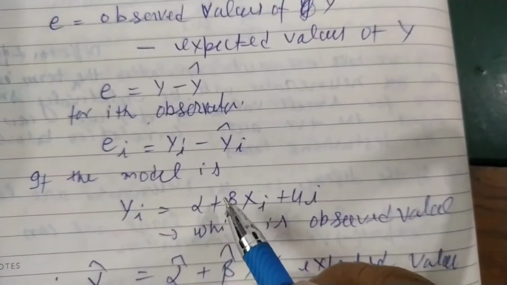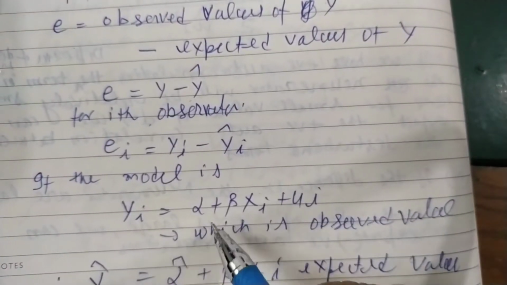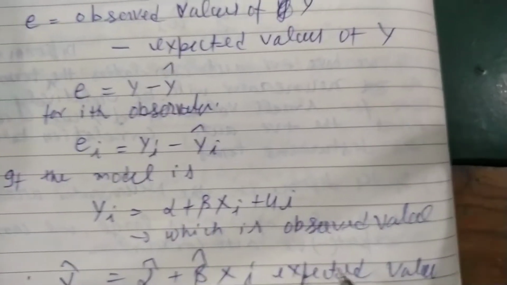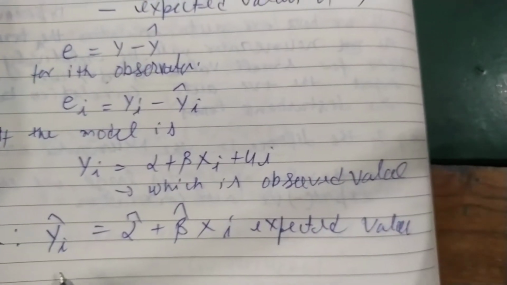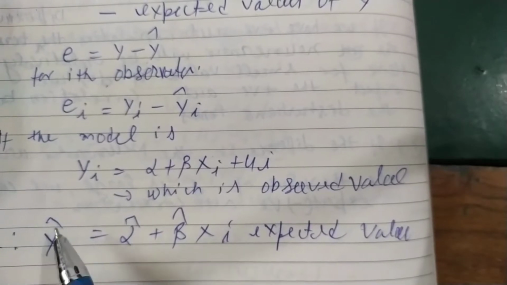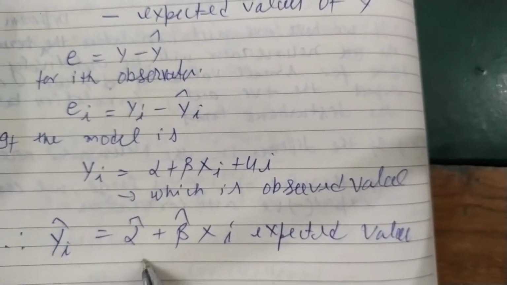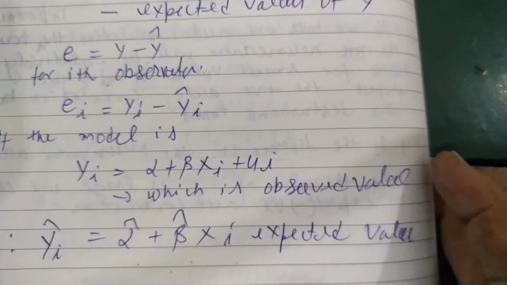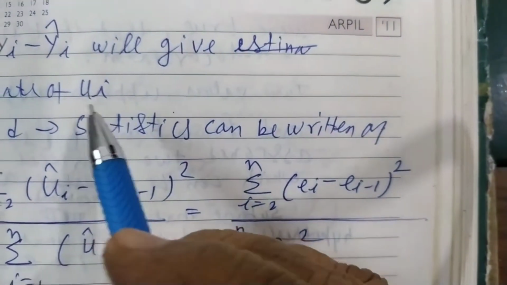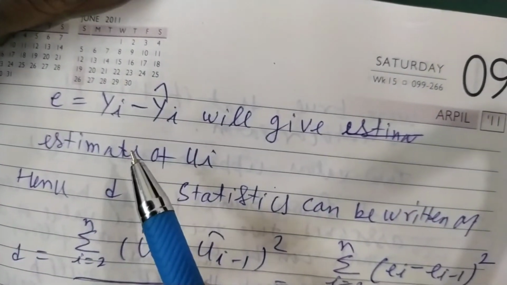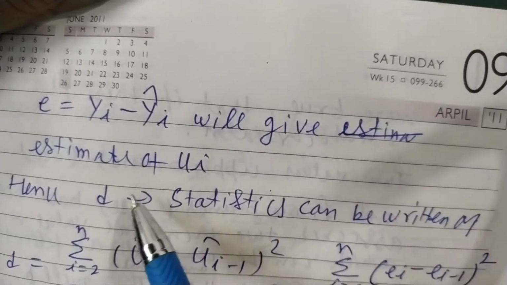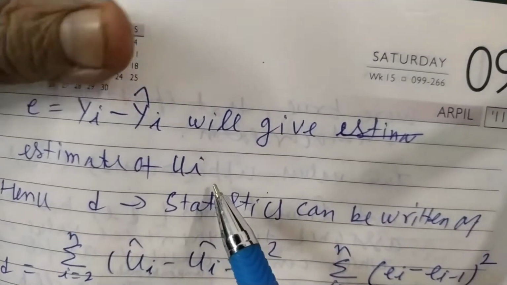The model is yi equal to alpha plus beta xi plus ui, which is the observed value. Estimated yi is equal to estimated alpha plus estimated beta xi, the expected value. ei, that is yi minus estimated yi, will give the estimates of ui.